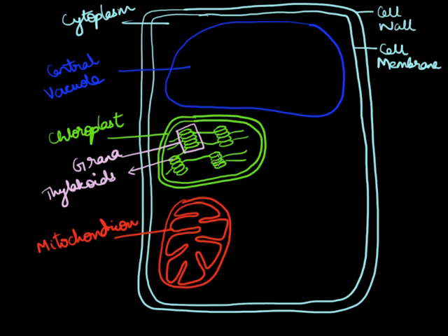The next structure is one of the most important parts of the cell, the nucleus. Nucleus is another double membrane organelle. Let us just draw two circles, and it has something called nuclear pores. First draw two circles. Now to represent the pores, let us erase some portions in these circles.